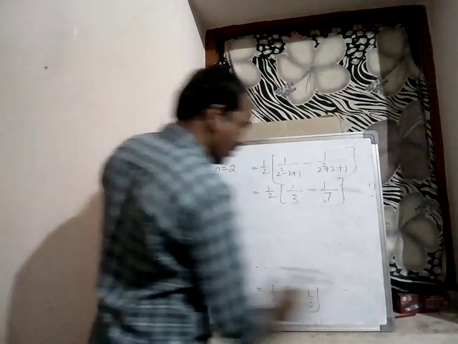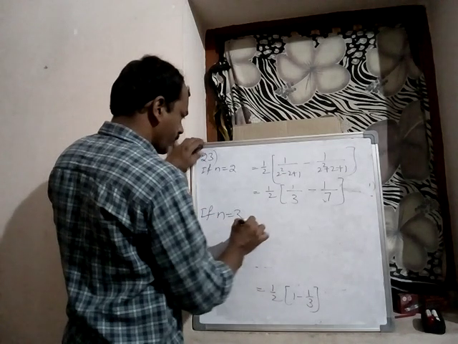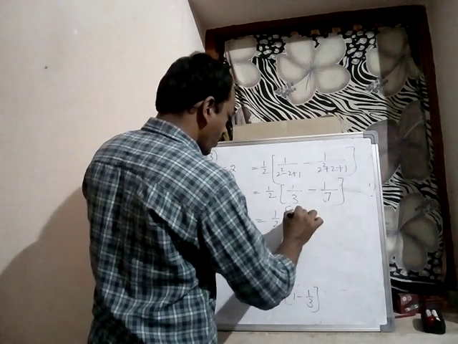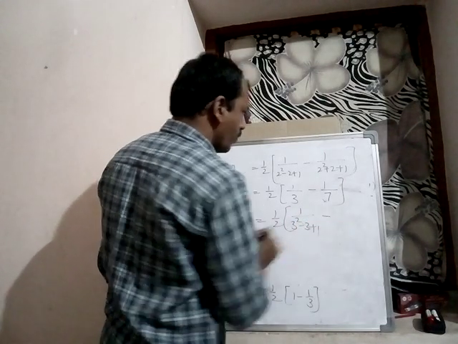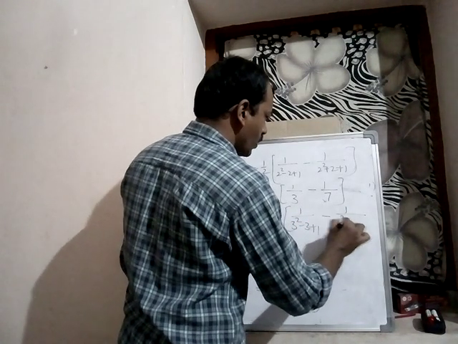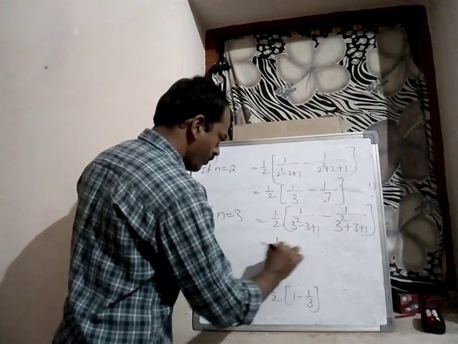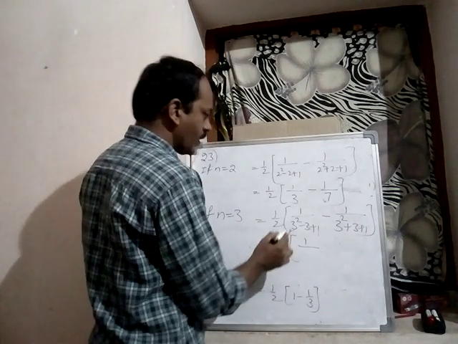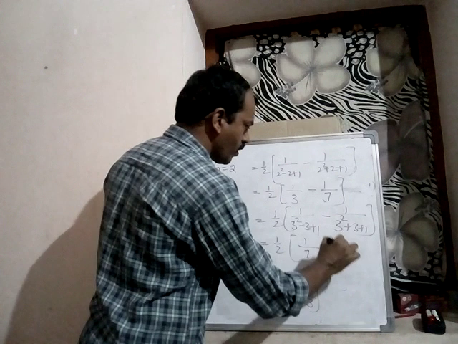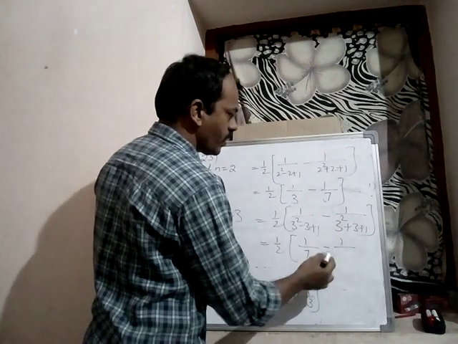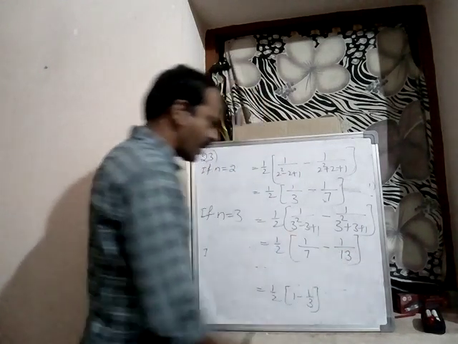If n is equal to 3, then 1 by 2 of 1 by (3² − 3 + 1) minus 1 by (3² + 3 + 1). Half of 1 by 9 minus 3, plus 1 is 7, minus here 1 by 3² is 9, plus 3, plus 1 is 13. So we get a series like this.